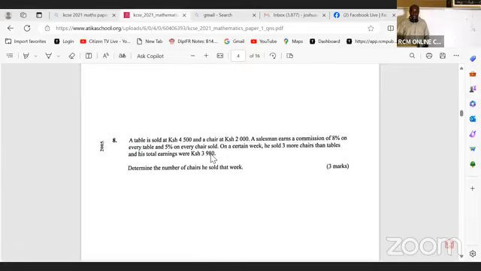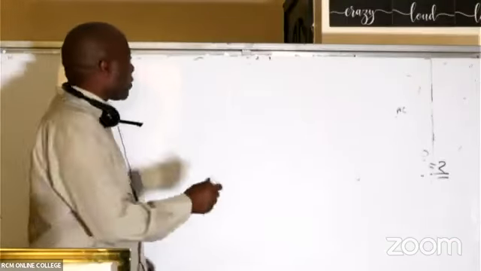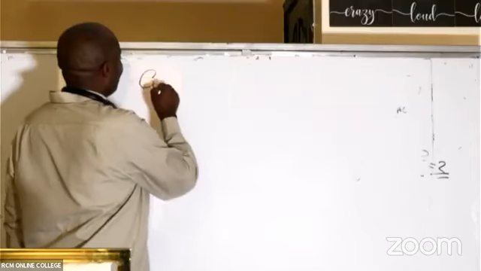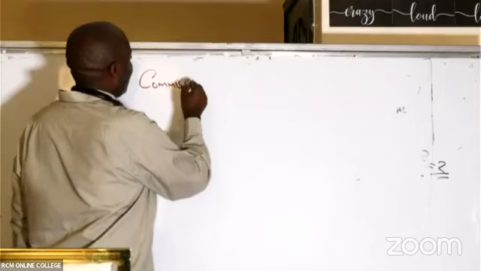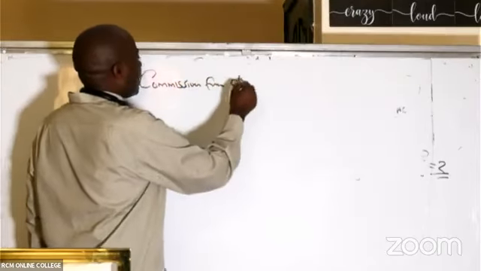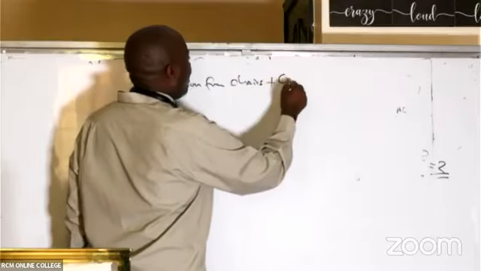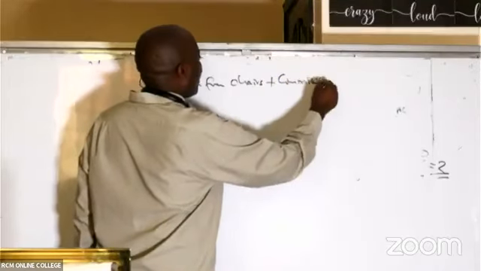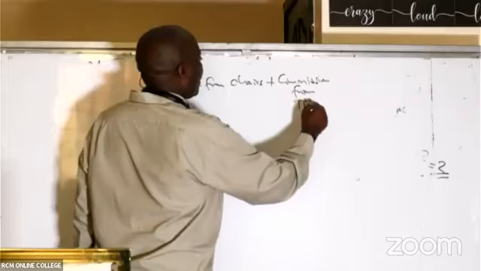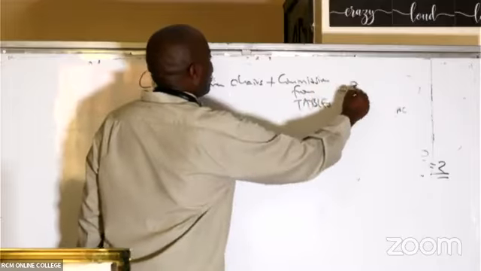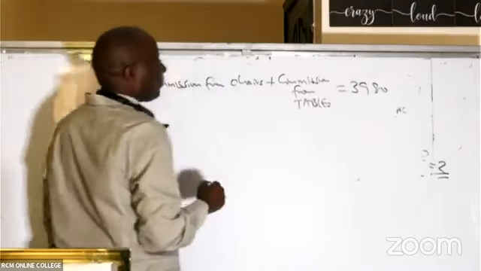Determine the number of chairs he sold that week. So you see, he will get commission from chairs plus commission from tables, which in this case should give 39.80.